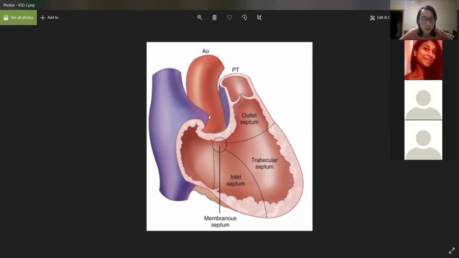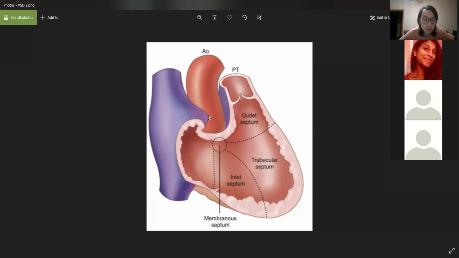Okay, let's talk about them. The most common type of ventricular septal defect, accounting for over 80% of all VSD cases, is the membranous type of ventricular septal defect. Again, I would like to emphasize synonyms because different literatures use different names.